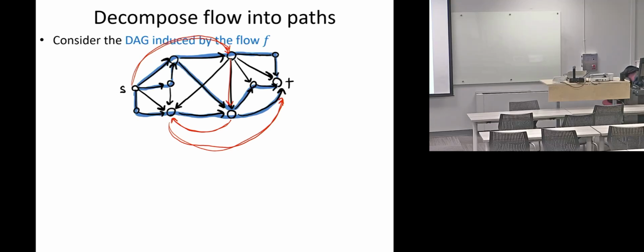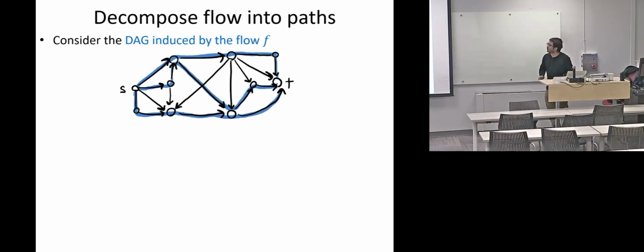This is not a DAG yet. So in general, when you look at the graph induced by the edges of the flow, it might not be a DAG yet. But let's say that right now you have a DAG. This is like a DAG.